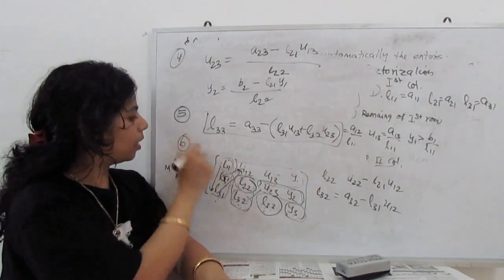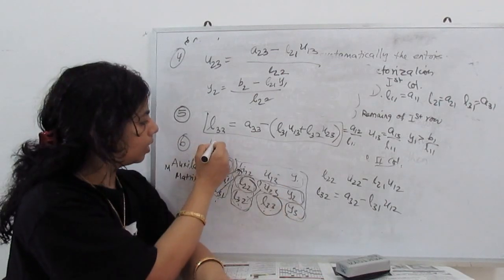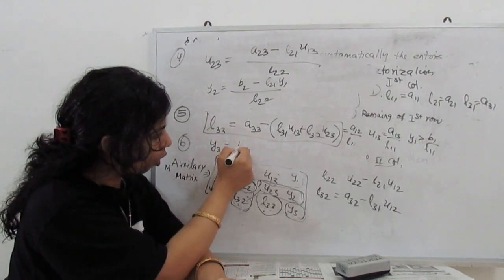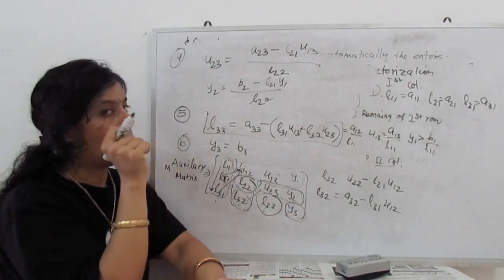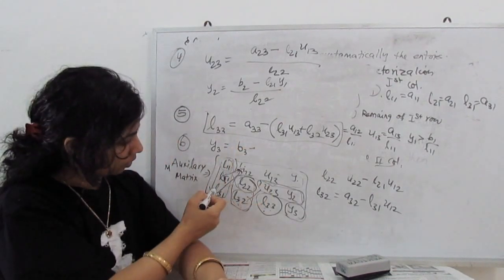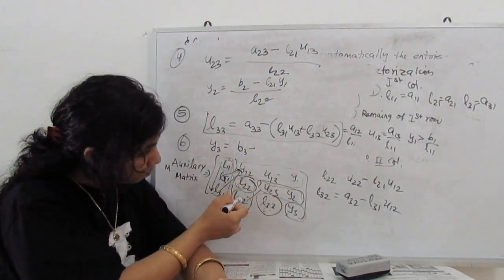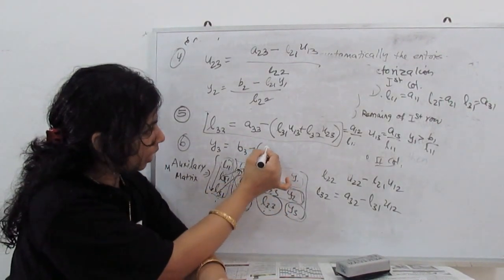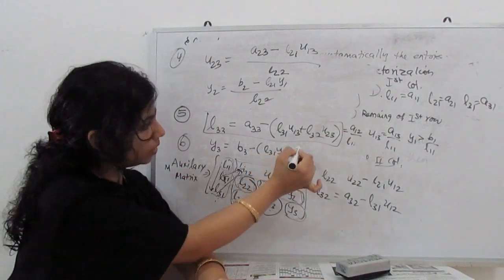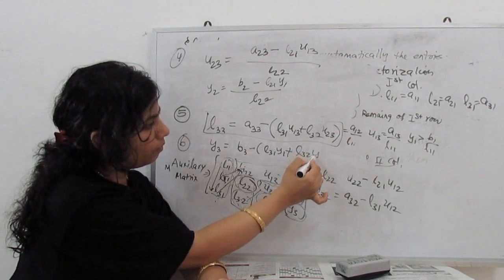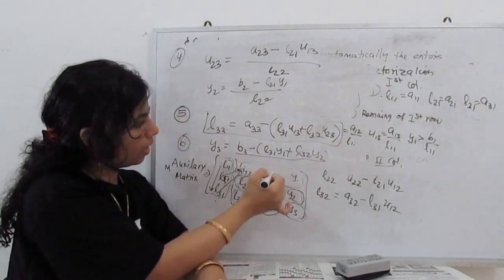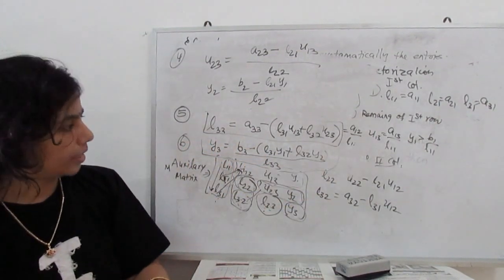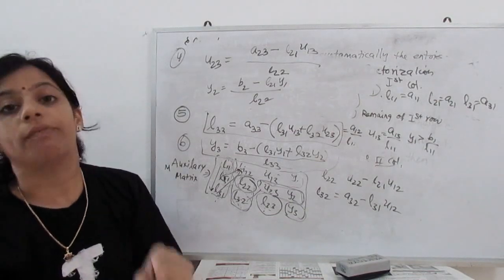Next, sixth step, we go for the last element, y3. For y3, the element in the augmented matrix is b3, minus L31 y1 plus L32 y2, divided by L33.